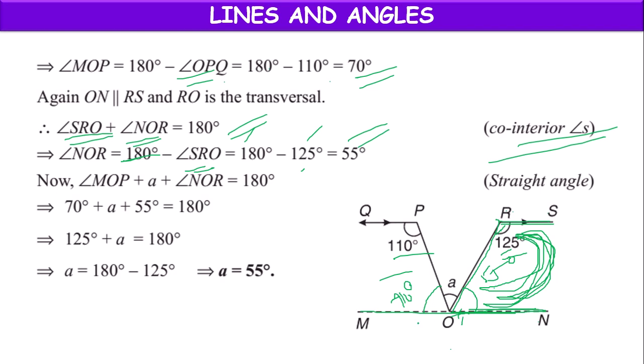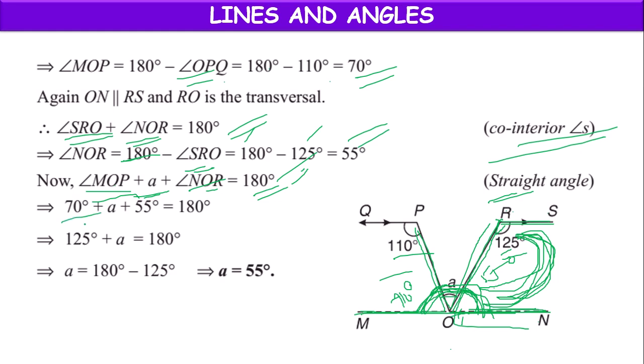Now if you observe the straight line MON, these three angles are lying on the same straight line. If you add MOP, this angle A, and NOR, these three angles will be equal to 180 degrees because they lie on the same straight line.